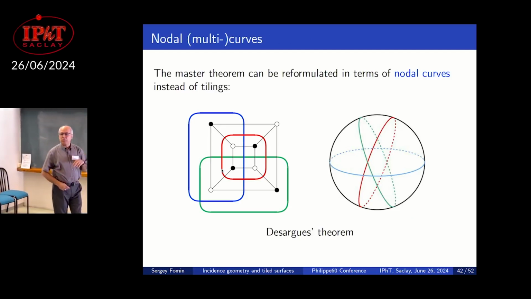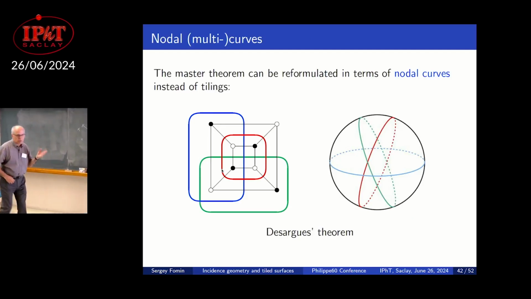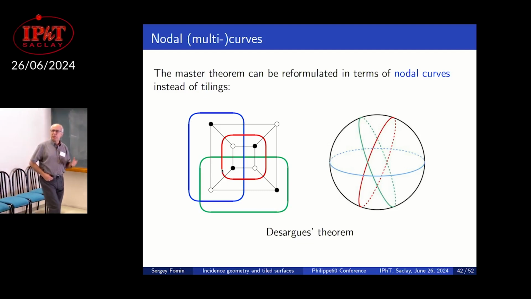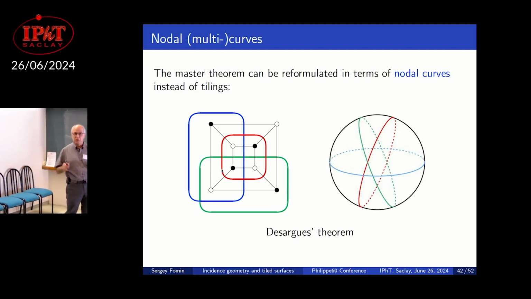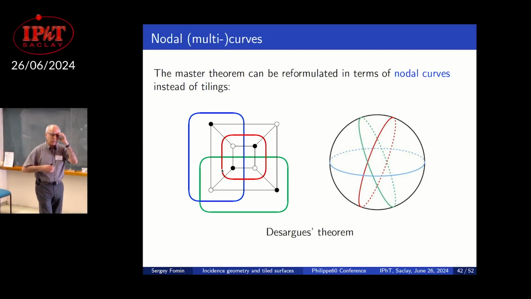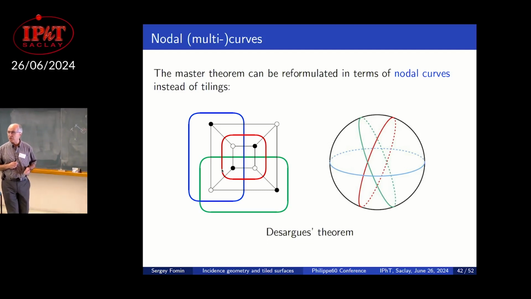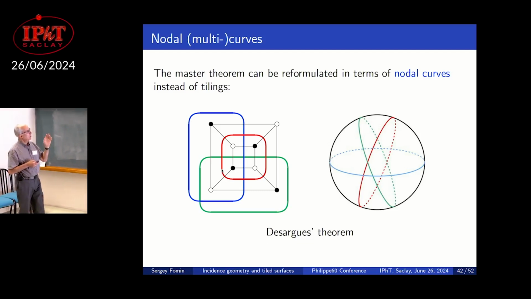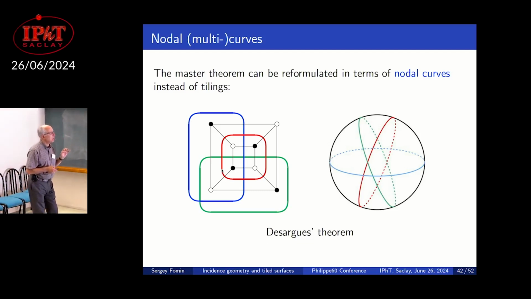And now let me just very briefly outline some connections to some other mathematics, because that's also what I promised you at the beginning of my sales pitch. So instead of looking at quadrangulations, we can look at the dual object, which is multi-curves on the surface.